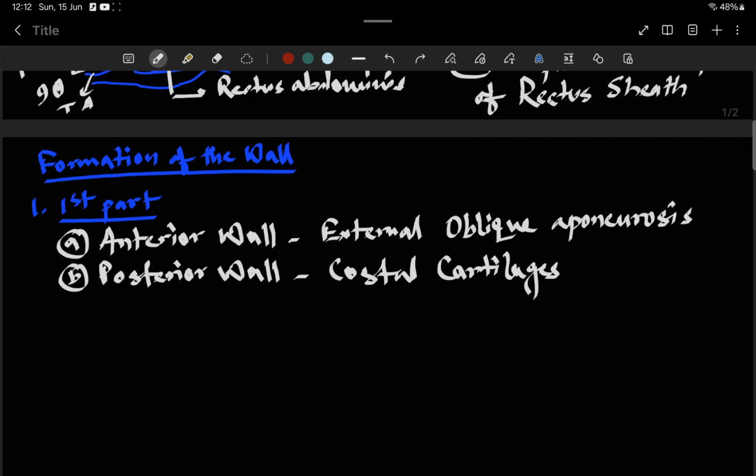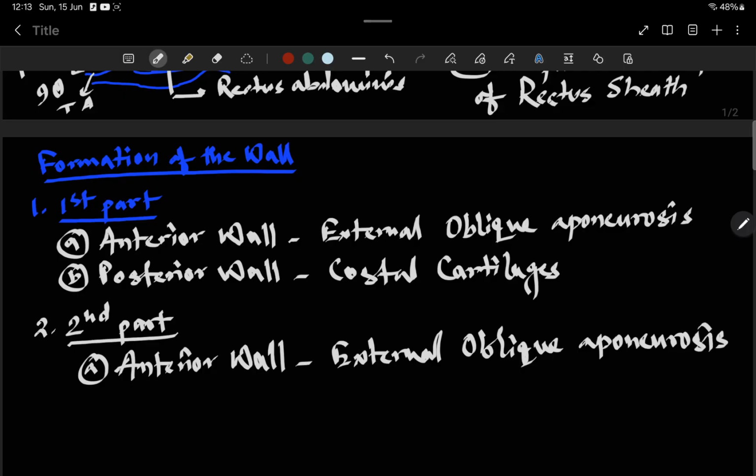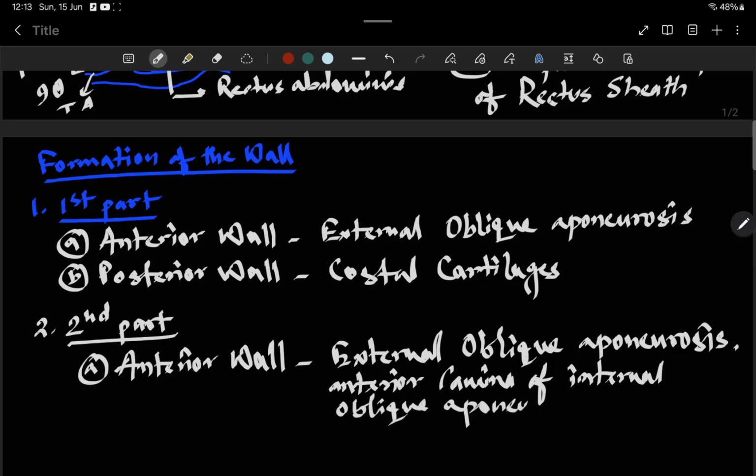Now the second part. Similarly, the anterior wall is the external oblique aponeurosis and the anterior lamina of internal oblique aponeurosis.